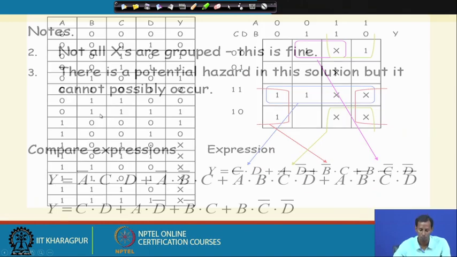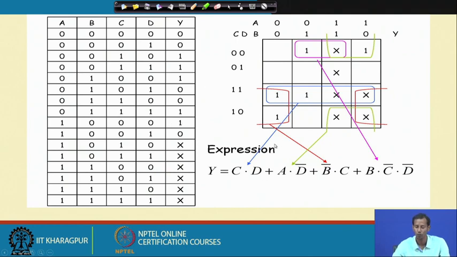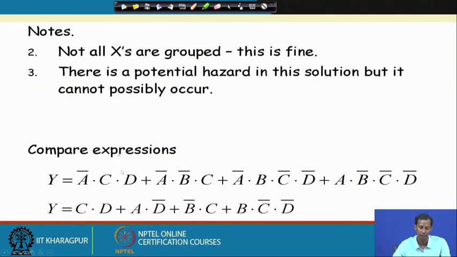To remove that, you just group with the do not care, which means you put some extra logic to remove those glitches. So, this is the end of hazard.